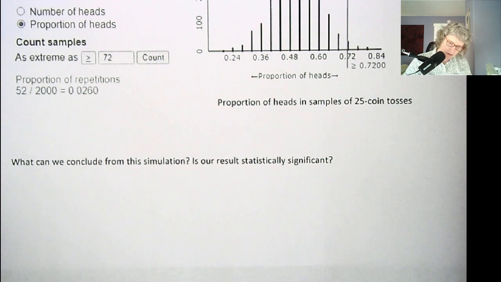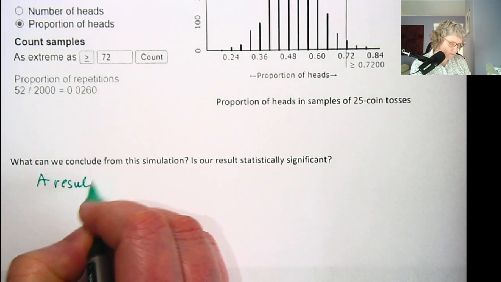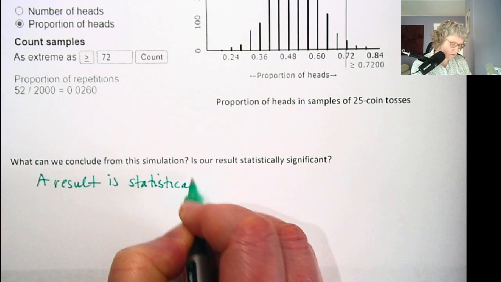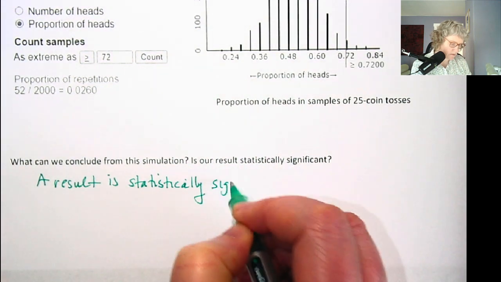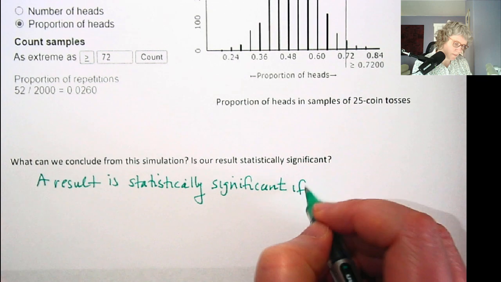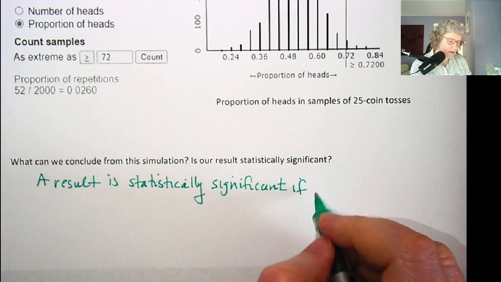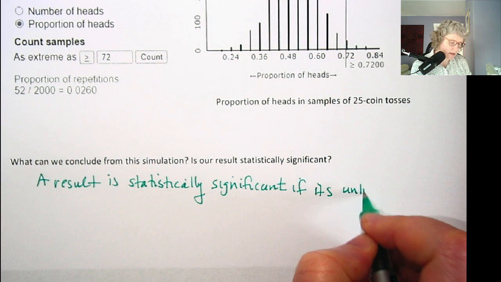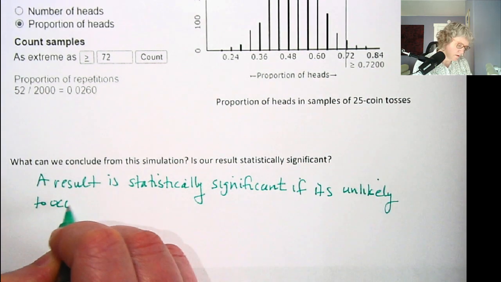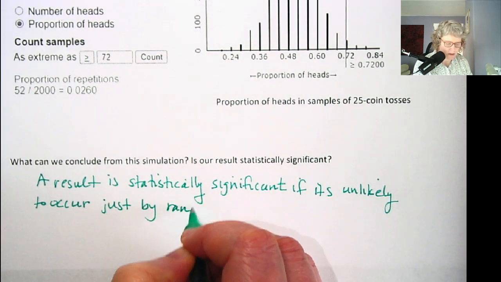A result, go back to my green, a result is statistically significant if it's unlikely to occur just by random chance.